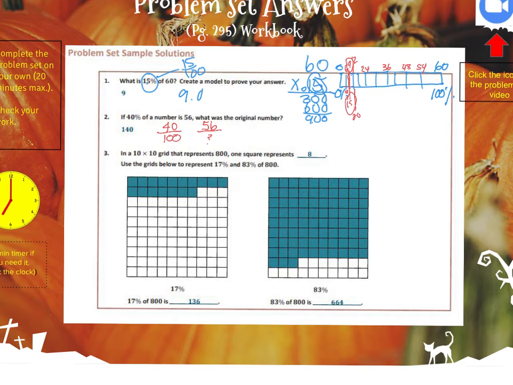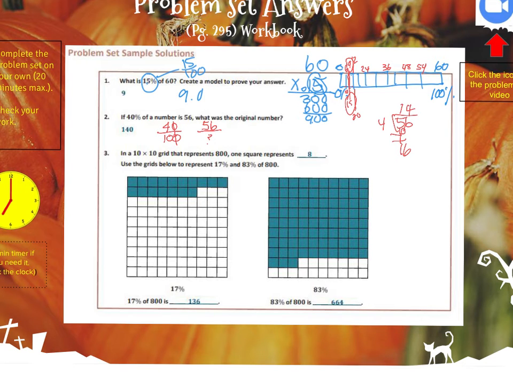So I go 40 over 100, and I divide both by 10 and get 4/10. Then I'm wondering 4 times what gives me 56, or I'm dividing 56 by 4. 4 times 14. Oh, look at that, it works out. I love it when it works out.